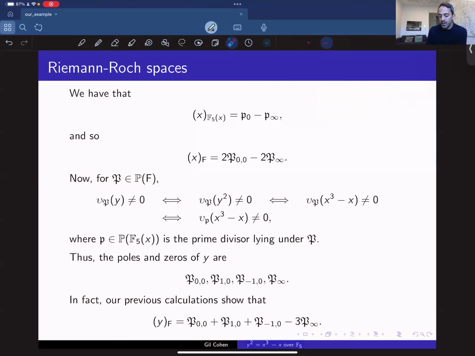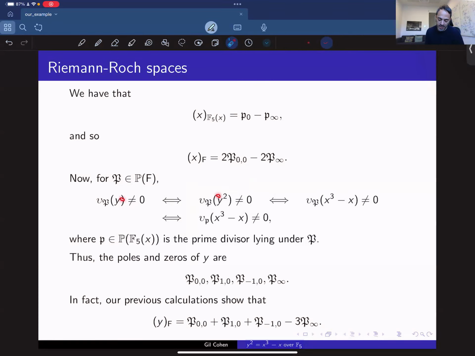So in any case, this is the principal divisor of x in the larger function field. And now I want to figure out what's the principal divisor of y in the larger function field. To do that, first of all, if the valuation at capital P of y is not 0, then that's the same thing as saying that the valuation of y squared is not 0, right?